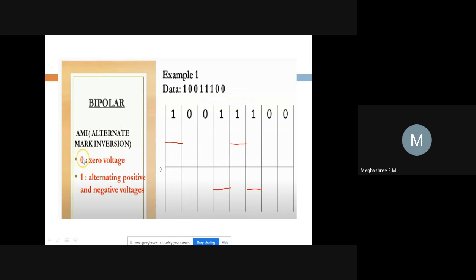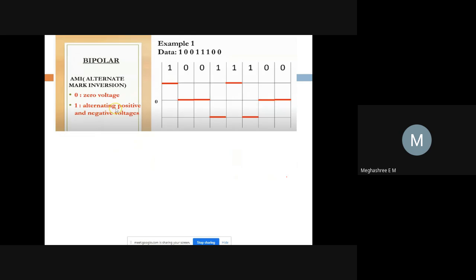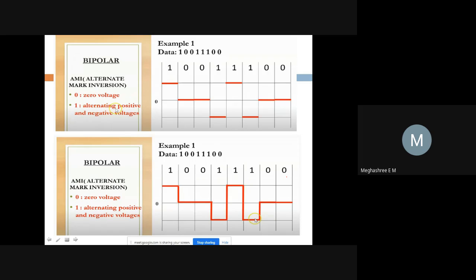When there is 0 in the given data, mark it at level 0, that is the reference level. This is how you are going to draw the signal. Then join all of this, and when you complete this, you will get the digital signal.